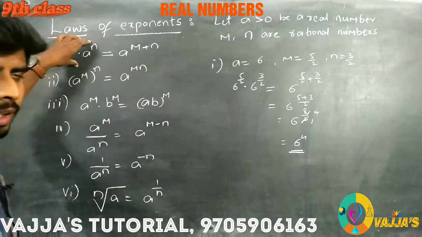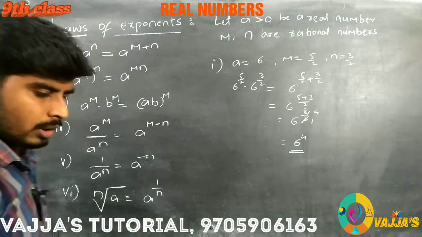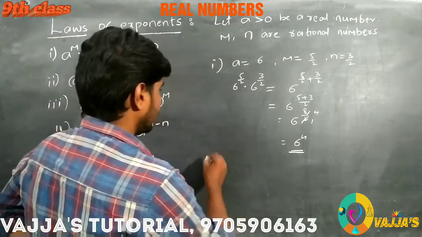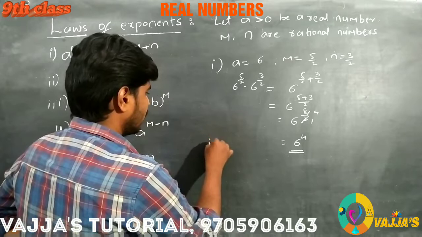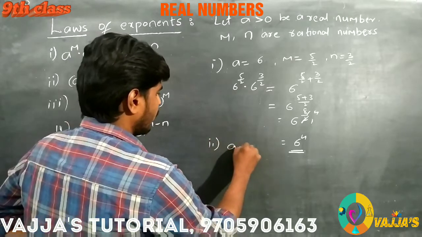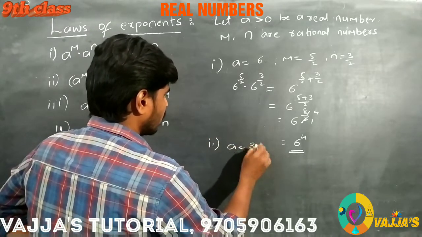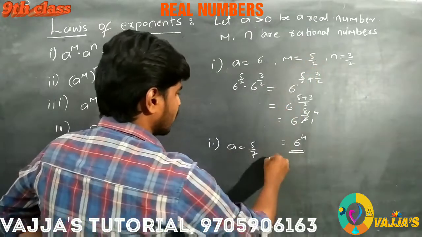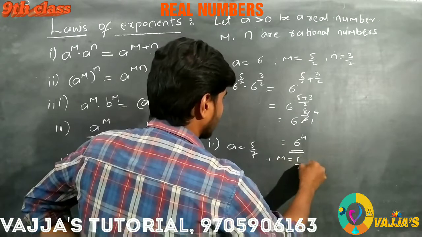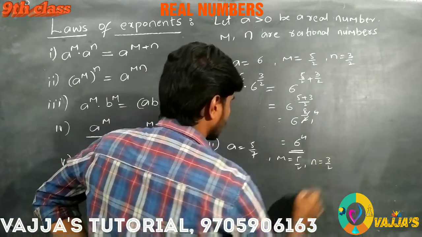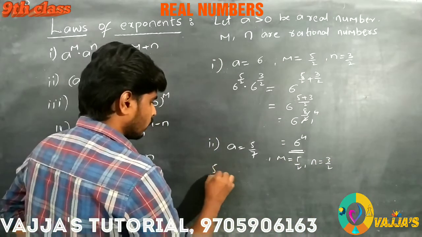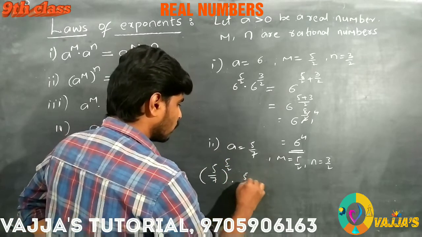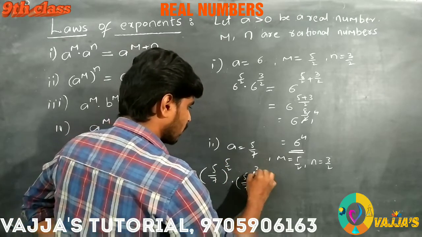This is the first one, and we can take one more example. Suppose a equals 5 by 7, and m, n values are the same: m equals 5 by 2, n equals 3 by 2. We can write 5 by 7 whole power 5 by 2 into 5 by 7 whole power 3 by 2.